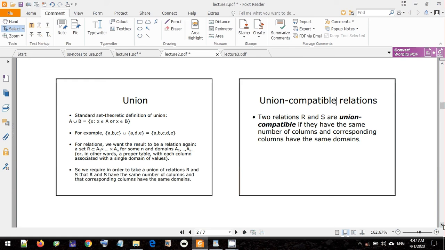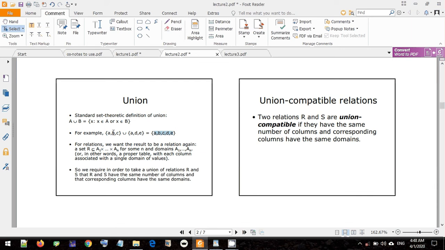First operation, union. The standard set theoretic definition of union is: A union B is a set of X where X belongs to A or X belongs to B. For example, we have the set A, B, C union the other set A, D, E. We are going to combine all of them, but since the definition says or, if there is an element present in the first set and that element is equally present in the second set, we are going to write it once in the final set.